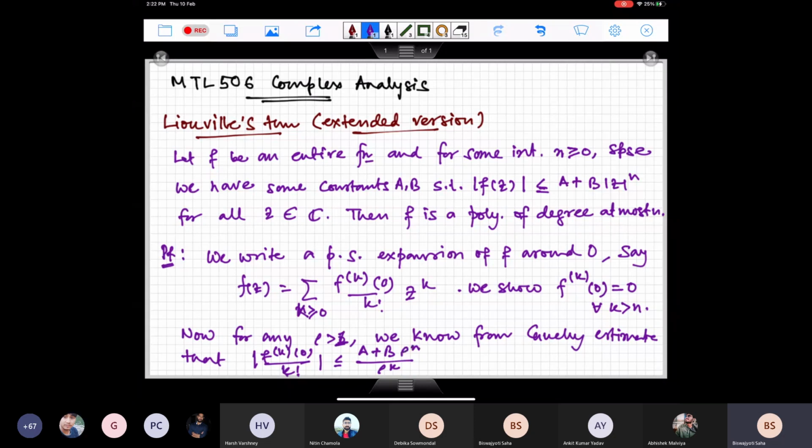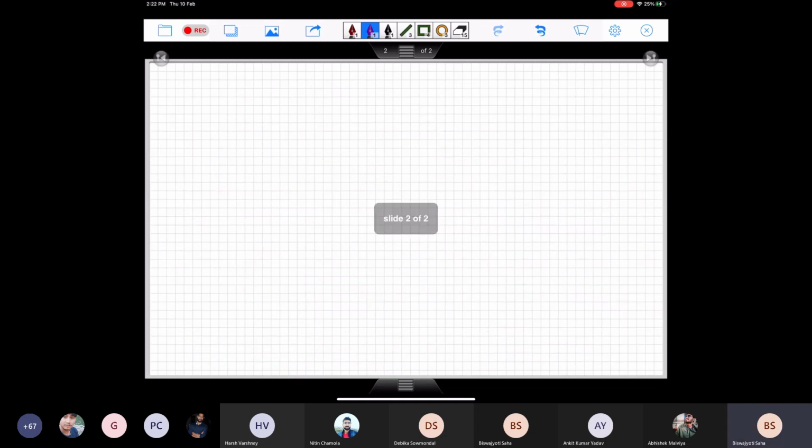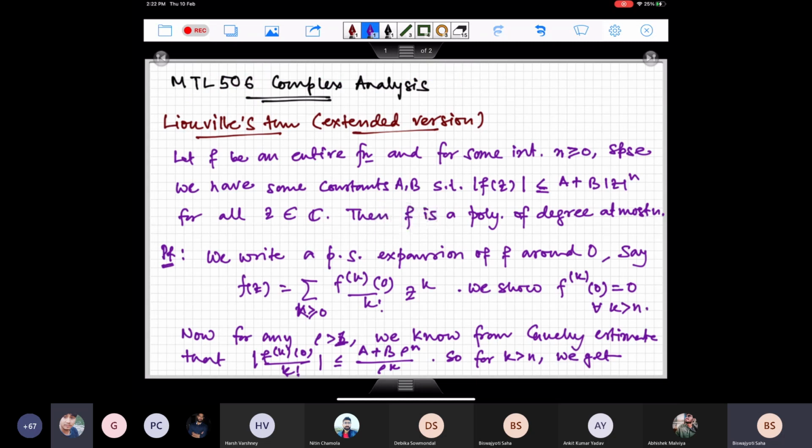Okay, so this is what we get from the Cauchy estimate, and so for k bigger than n, we get that mod of f^(k)(0) divided by k factorial goes to 0 as rho tends to infinity. So if I take higher and higher values of rho, I get that for k bigger than n, the bound is going to go to 0.